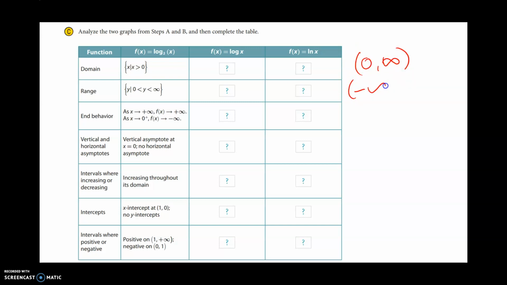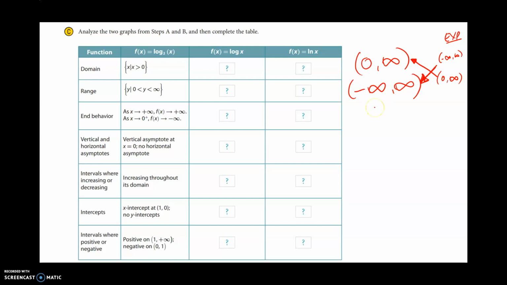Our range is always -infinity to +infinity. Remember, these log functions are inverses of the exponential. So when we had an exponential function, the domain was always all real numbers. Now that's the range of the log. In the parent exponential, the range was something like this. That's the domain of the log.